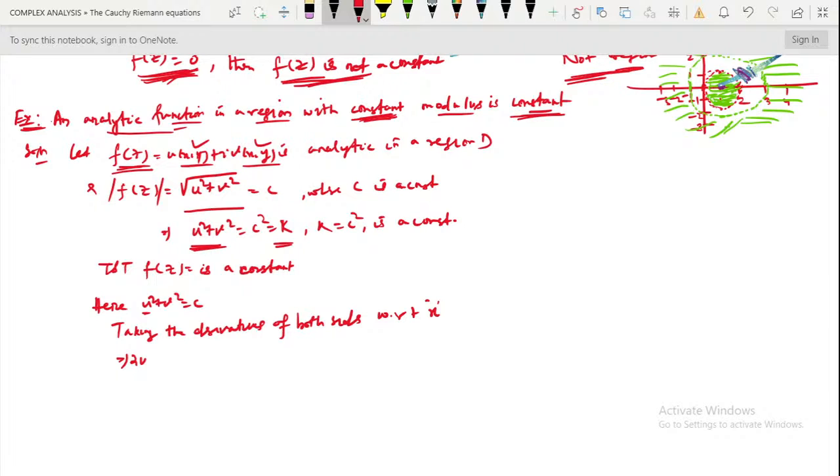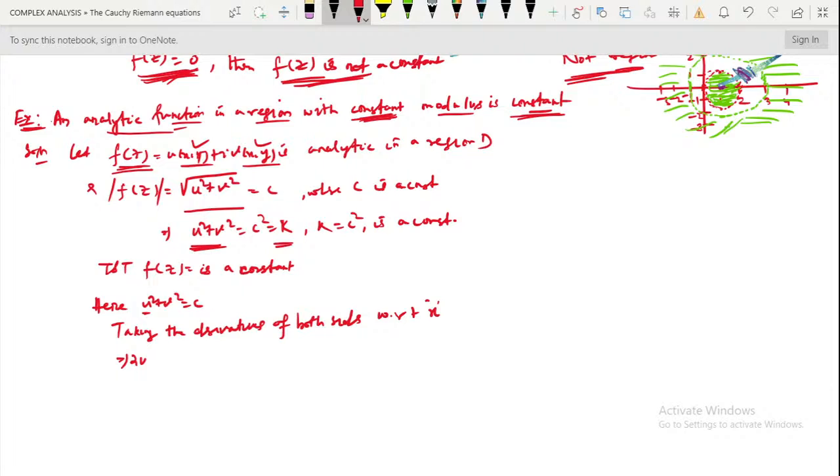So wherever there is a vx, I will replace it by minus uy. So this is minus uy into uy minus ux into vy, and your vy is your ux, so ux into ux. So this is minus uy square minus ux square. This implies ux square plus uy square equal to 0.